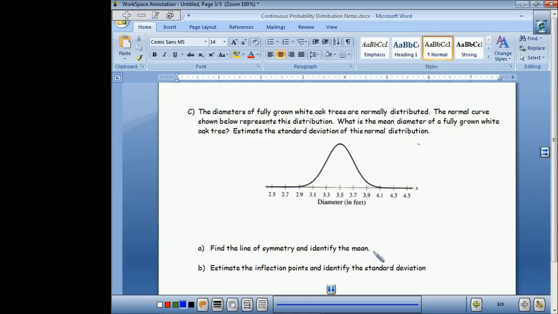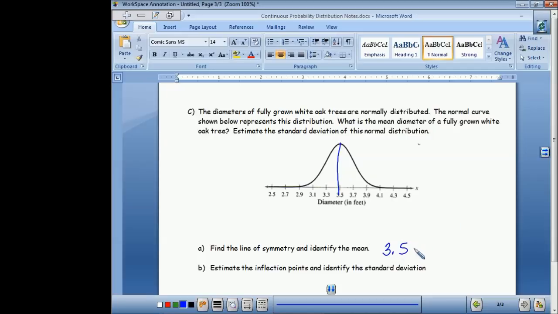C, find the line of symmetry, therefore identify the mean. So let's read this. The diameters of fully grown white oak trees are normally distributed. The normal curve shown below represents this distribution. What is the mean diameter of a fully grown white oak tree? And estimate the standard deviation. The mean appears to be right around 3.5.